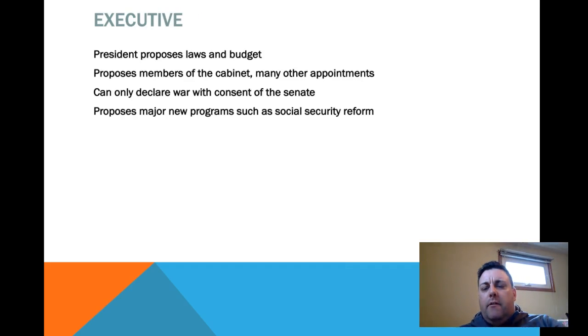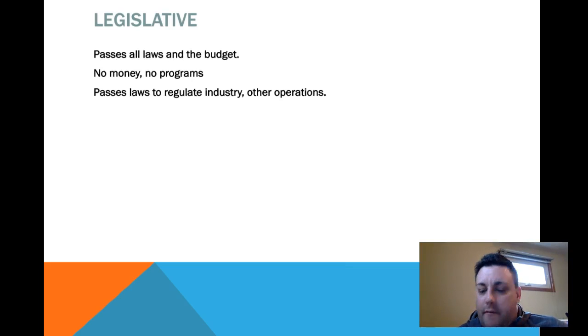And the president, while they can propose laws, that usually happens when the same party that's in control of the White House is also in control of the legislative branch, because the responsibility of formally initiating legislation falls to the legislative branch.